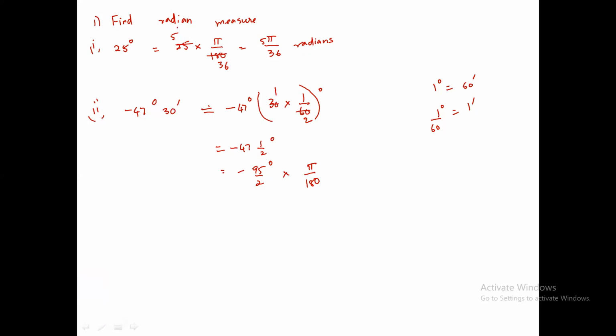So when I cancel, 5 ones are 5, 5 nines are 45, 5 thirty-sixes are 180. So I have minus 19 pi by 72 radians. I have changed it into radian measure.